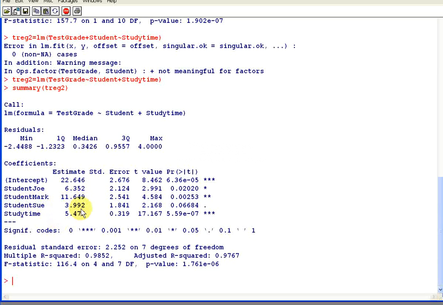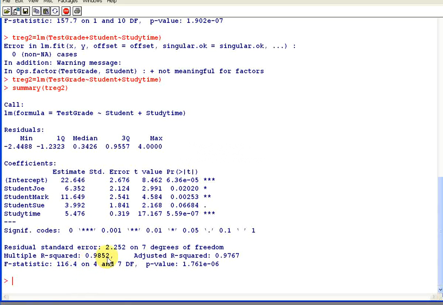And again, these estimates are close to the model that I actually created the data from. Here, study time, instead of being 4.5 points per hour of study time, is giving us 5.5 points of study time. And again, that's also kind of close to the real model. Of course, our R squared goes up here.